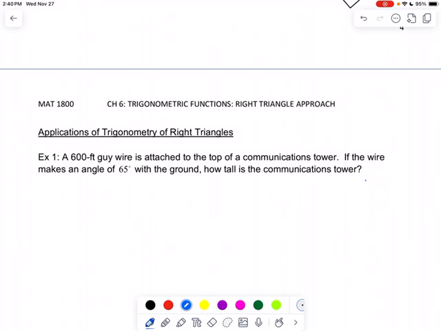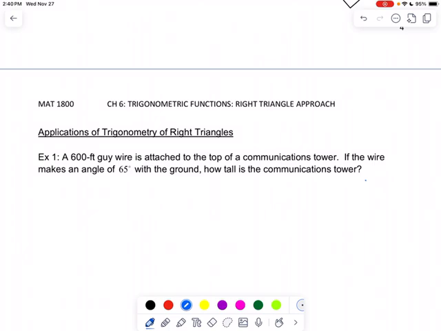Since we have dealt with right triangles, most probably we will get a right triangle or triangles to which we apply our trigonometric ratios, and we should be able to find the solution of the problem that has been asked.